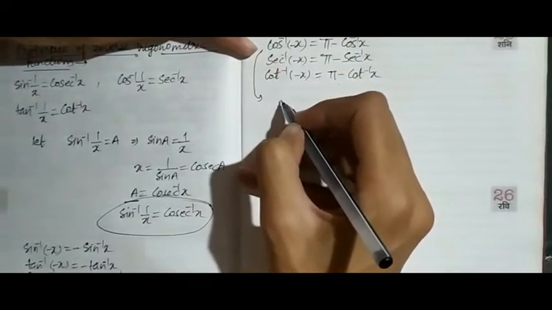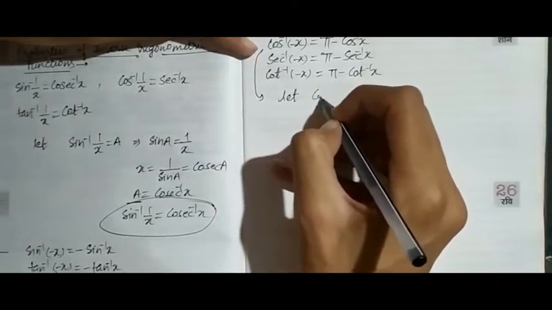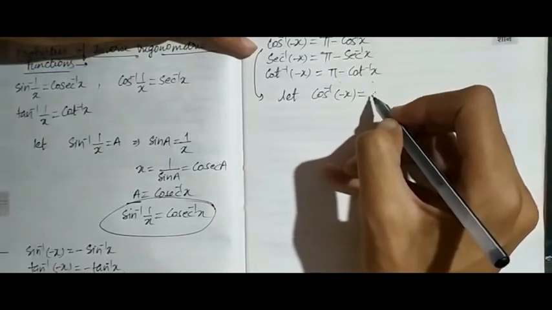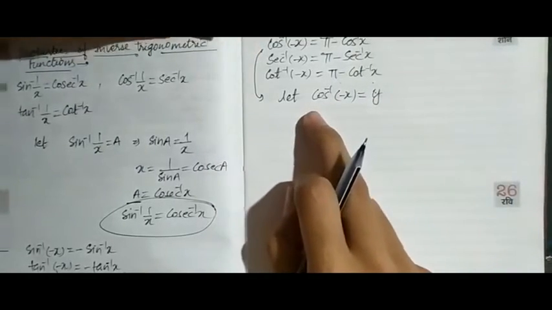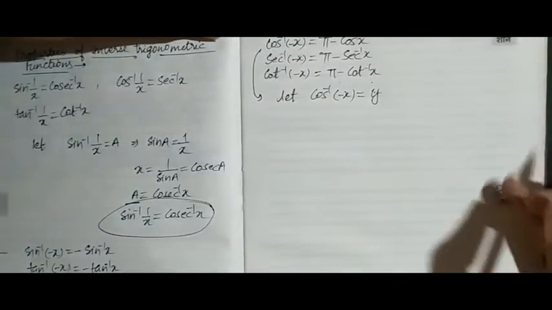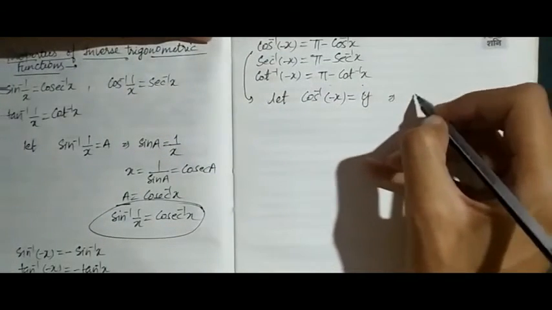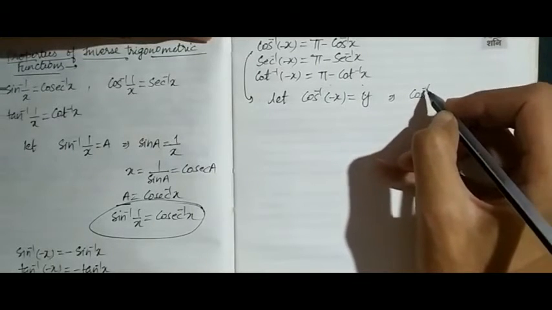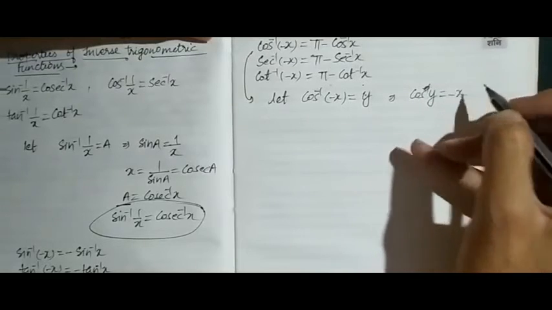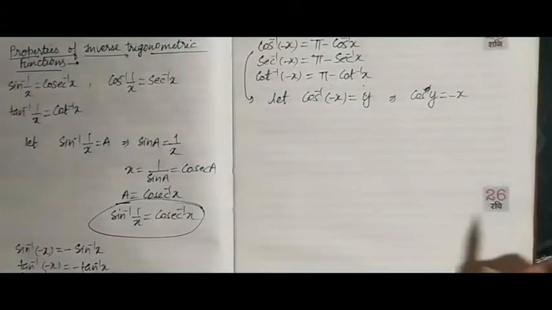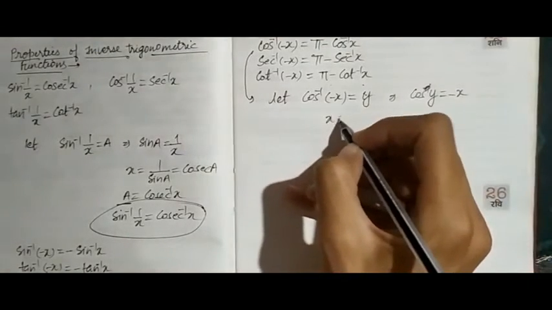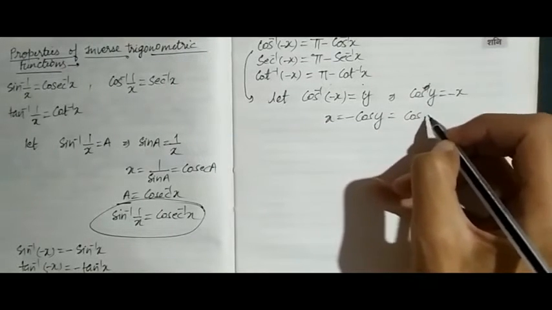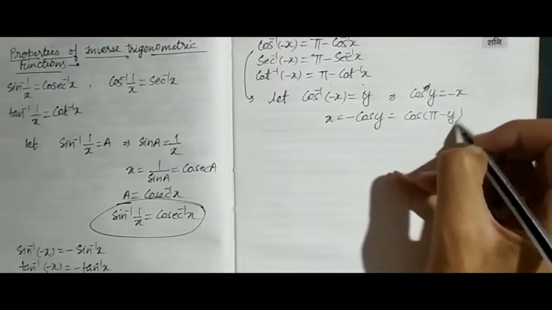I take the first one, let cos inverse minus x equal to y. If you consider cos inverse minus x equal to y, then you can write cos y equal to minus x. Then x can be written in the form of minus cos y, and minus cos y can be written as cos of pi minus y.